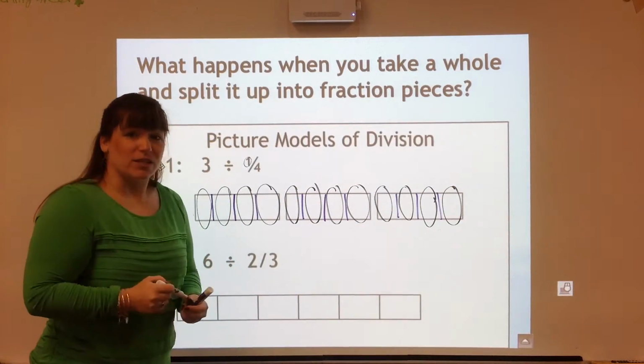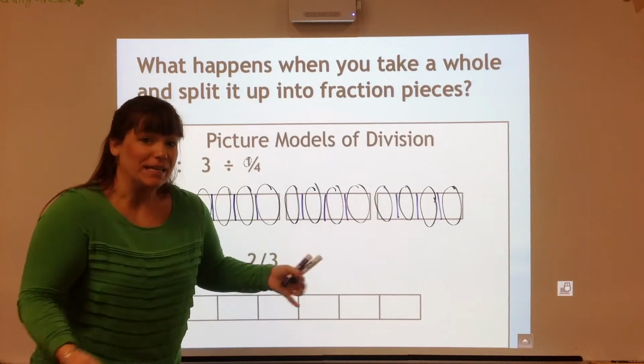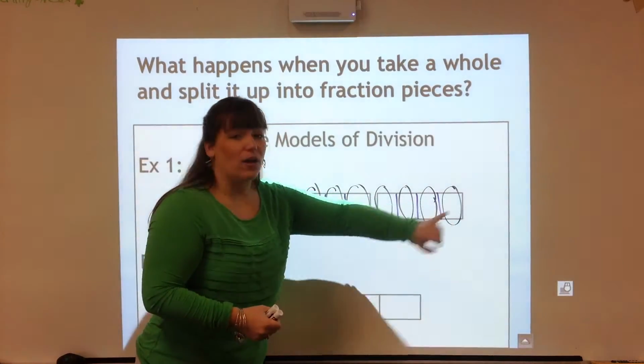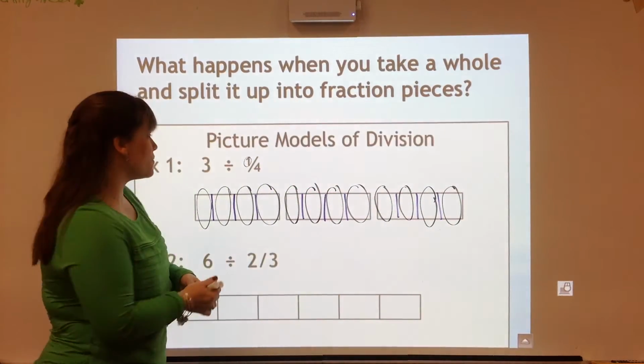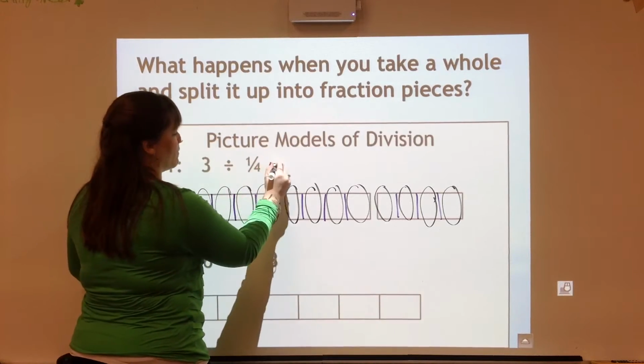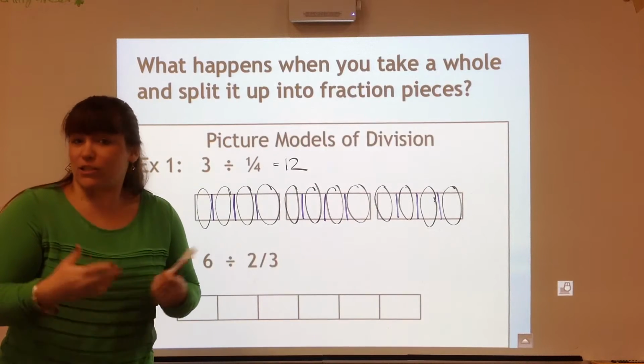And my answer is, how many circles have I drawn and how many people can get that piece? And I have 12 circles. So the answer to this division problem, 3 divided by 1/4, happens to be 12, and the context is pieces of cake.